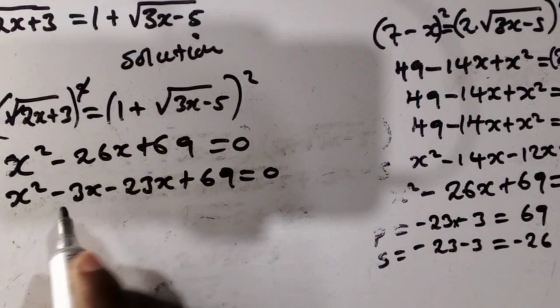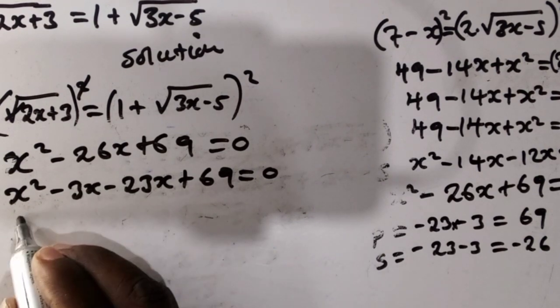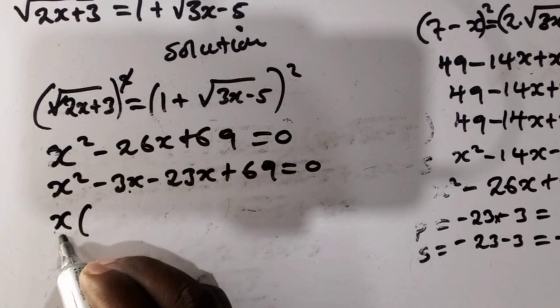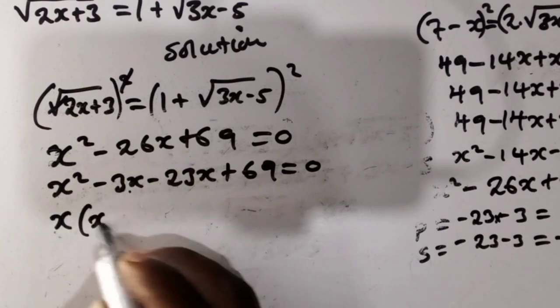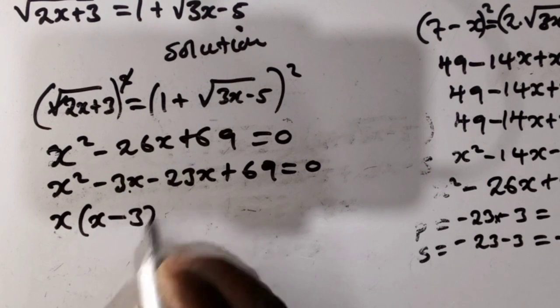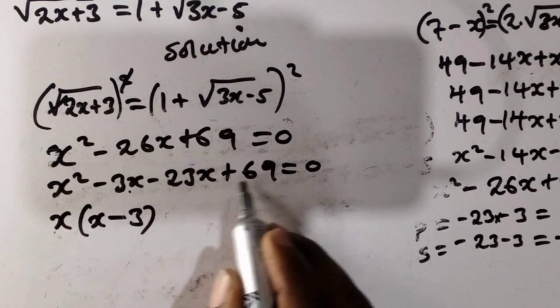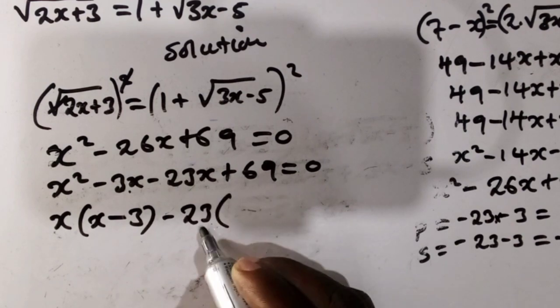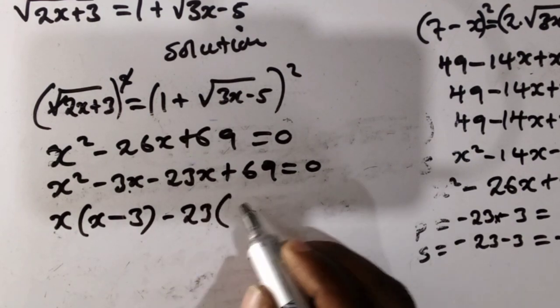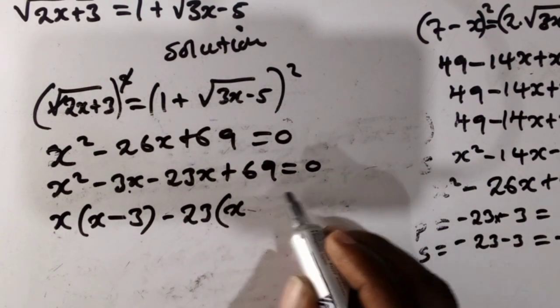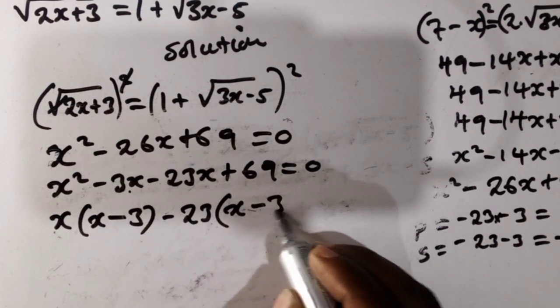Now we factorize. x is common here, so we remain with x squared divided by x, which is x, minus 3x divided by x, which is 3. Then close bracket. Then what is common is minus 23. Minus 23x divided by minus 23 remains x, and 69 divided by minus 23 remains minus 3.